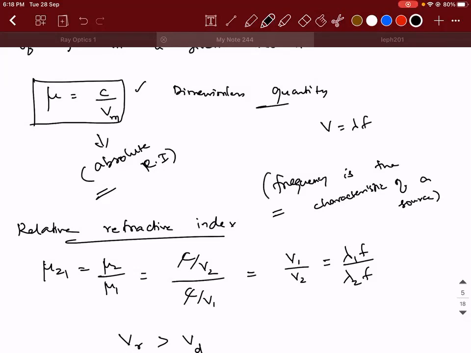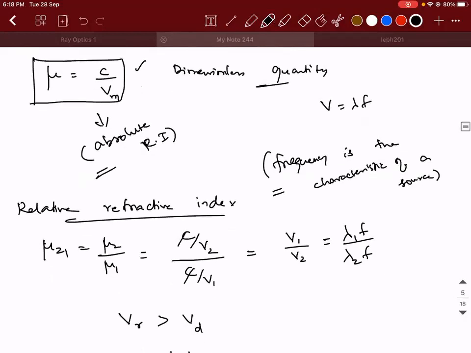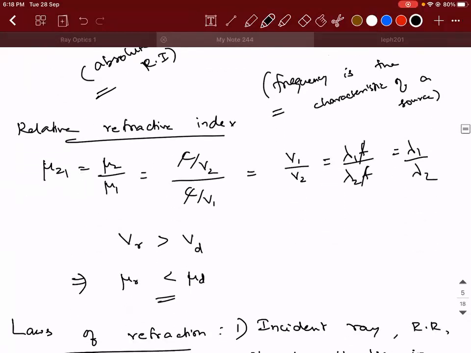So whatever is the desired frequency, if you put that source into that amount of vibration, you will get that frequency. So F and F will get cancelled. It will be lambda 1 divided by lambda 2. Okay. Now you have a ready-made formula. Apply this and tell me what is the answer.